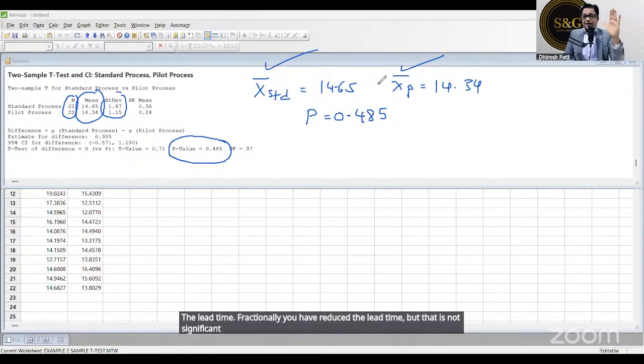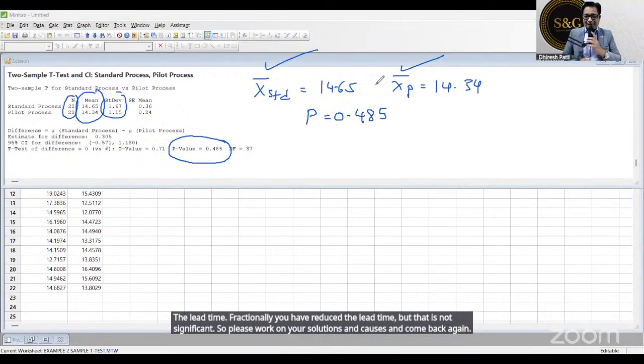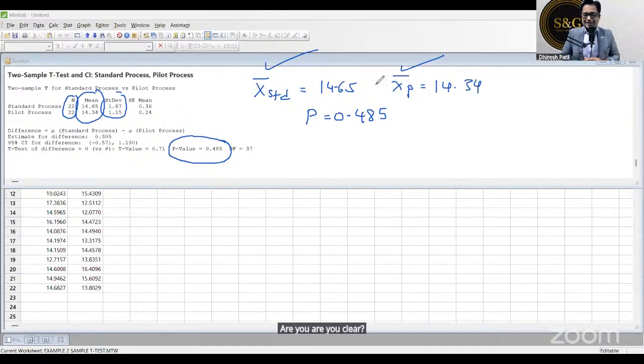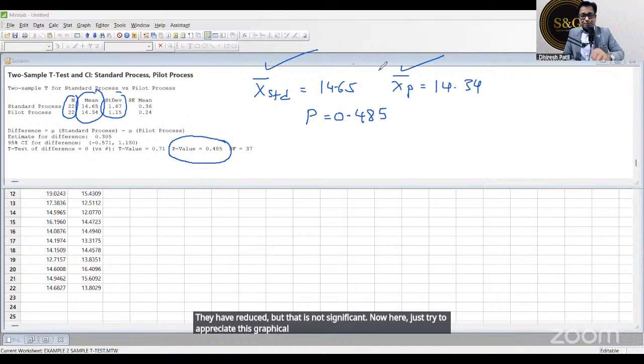So please work on your solutions and causes and come back again. Are you clear? Just give me yes in the chat box.